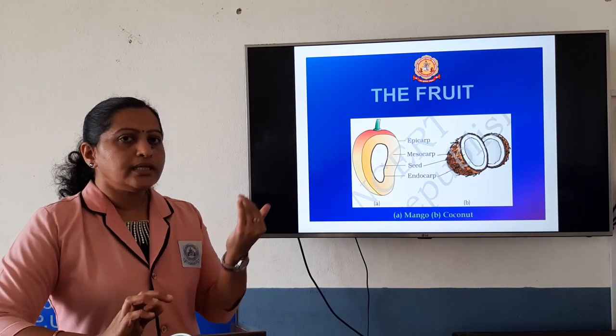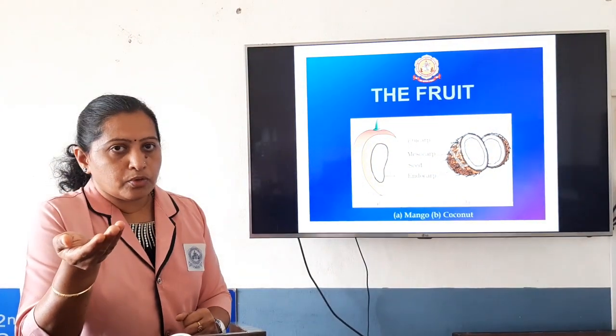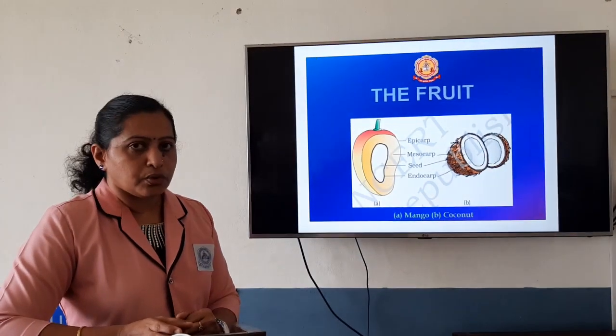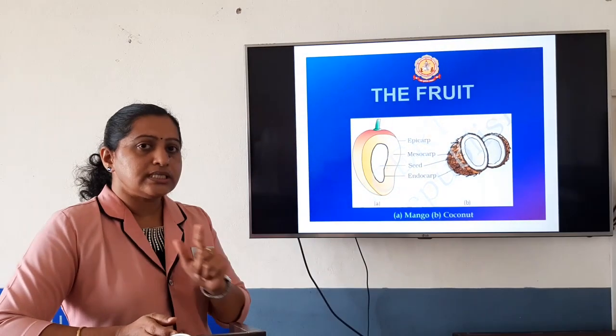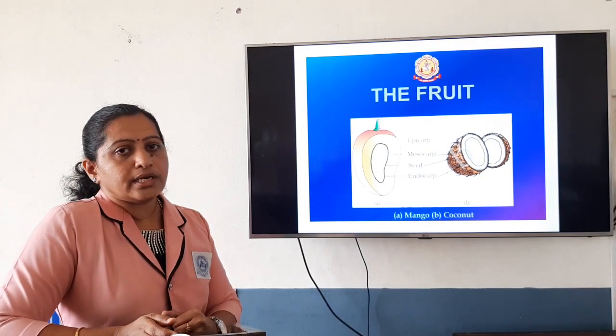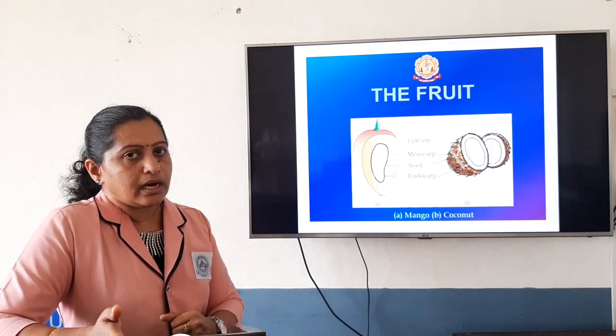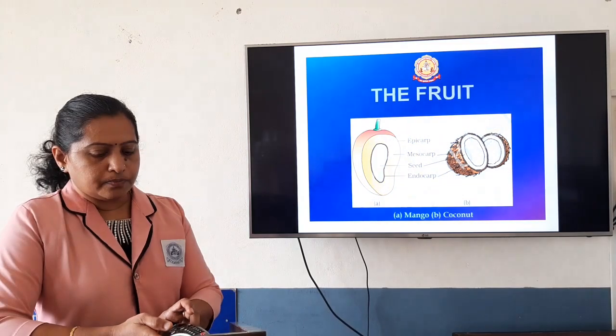Within that outer layer, the fleshy, juicy, edible portion of the fruit is the mesocarp, and the inner hard covering around the seed is the endocarp. So the fruit wall is differentiated into three layers: outer epicarp, middle mesocarp, as well as inner endocarp.